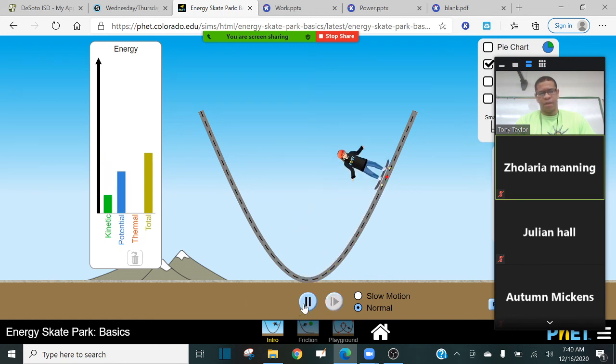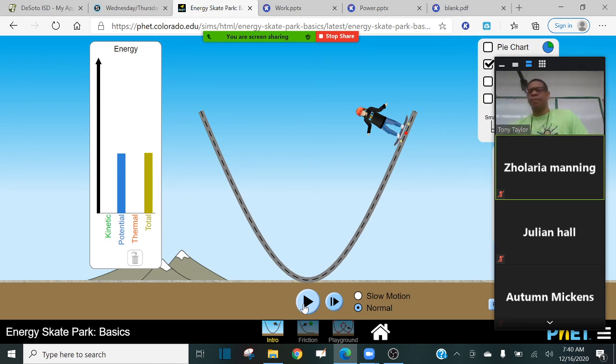The basic idea here is that if you know the potential energy at the top, you know the kinetic energy at the bottom. And I say that because there are going to be a few questions on the test that go over this concept with you guys, the conservation of energy. So let me write this down here.